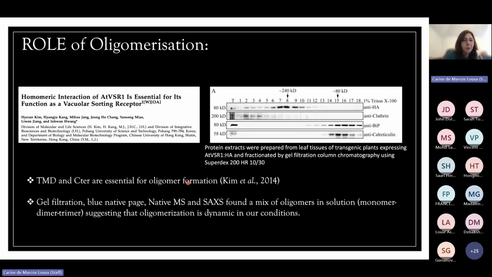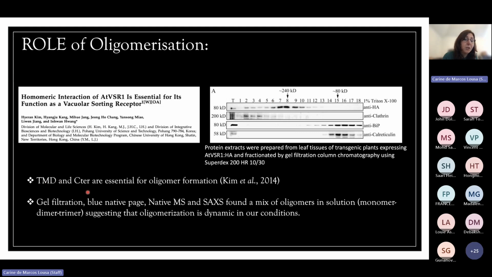But we were wondering if the trimer was actually in vivo relevant for the transport. And we came across this paper from 2010, actually, not 14, where they found in vivo higher oligomers of vacuolar sorting receptor. And they found that the TMD and the C-terminal were actually essential for the oligomer formation.